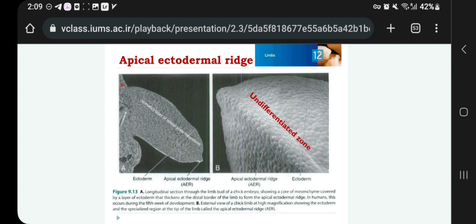The 3rd week until the 8th week is the embryonic period, and in this period we have a miniature human, and after that all organs start the maturation.